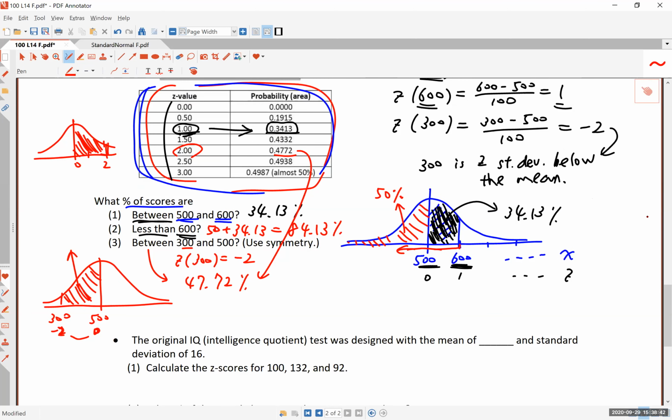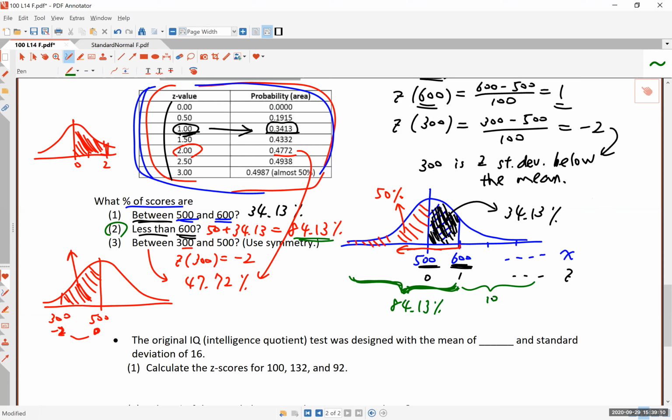By the way, I forgot to mention one more thing here, because I didn't write it down. In number 2 here, I said people who scored 600. Let's say here's a student who scored 600 in this one area of the SAT test. According to our assumptions, 84.13% are below the student, which tells you then what's 100% minus this.